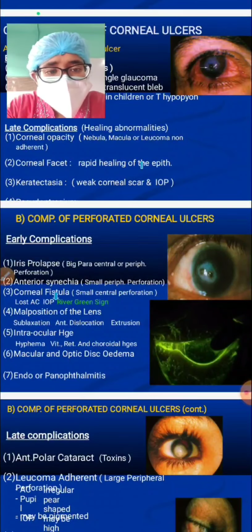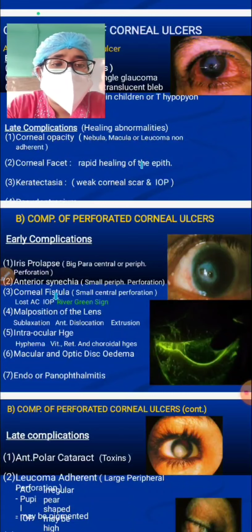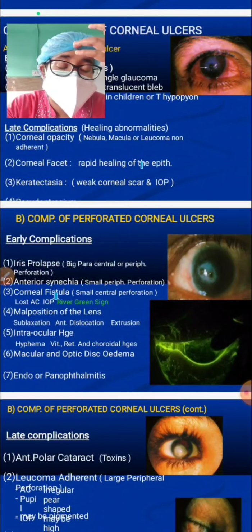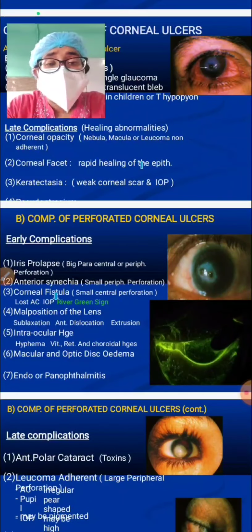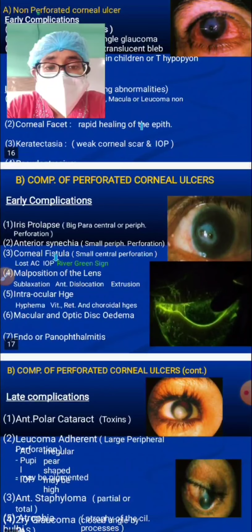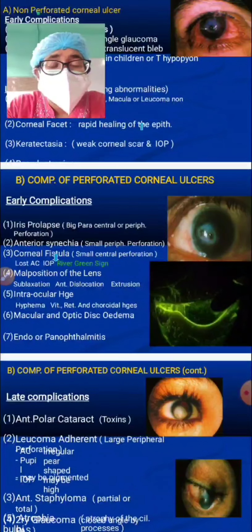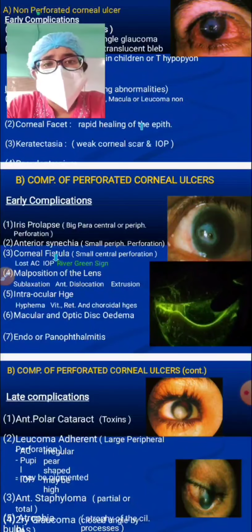Since it has already involved the endothelium, the iris is involved, iritis occurs and exudates begin to form in front of the microperforation, and what ultimately forms is a pseudocornea, and that ultimately leads to what is called the adherent leucoma.